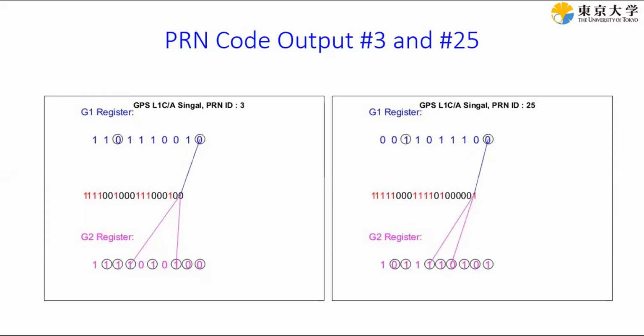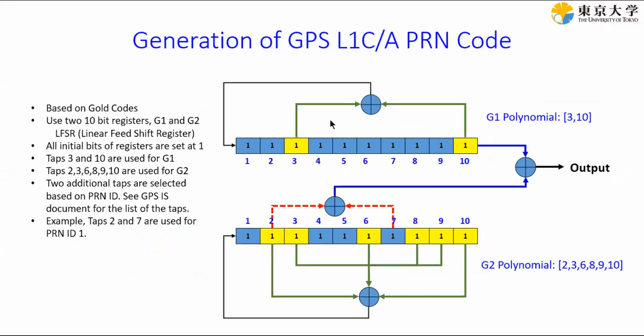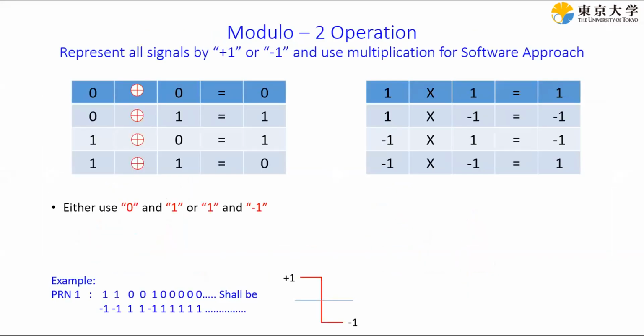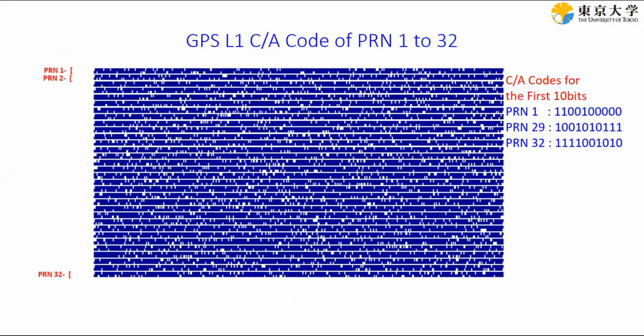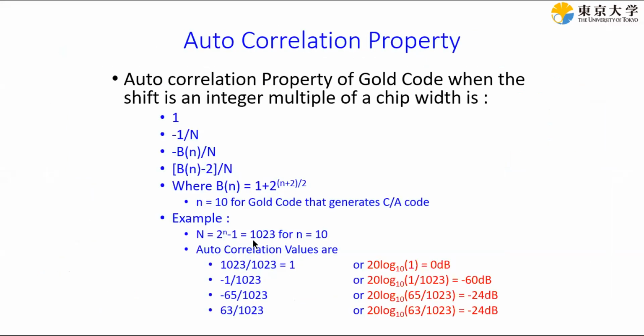It's random, but not actually random. It's defined by some rule, like this one. And this type of generation technique is very, very important. Maybe many of you know the Gold code or the linear feedback shift register, this type of random noise. They're important. The reason why we do this is to keep these correlation properties.